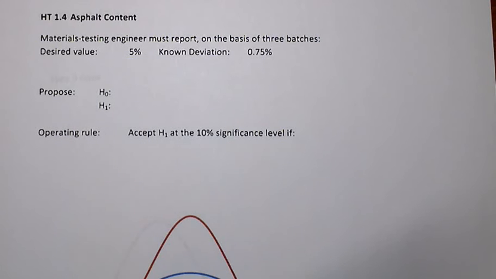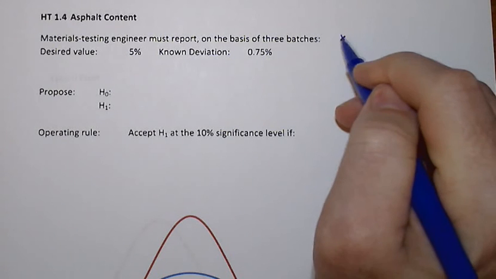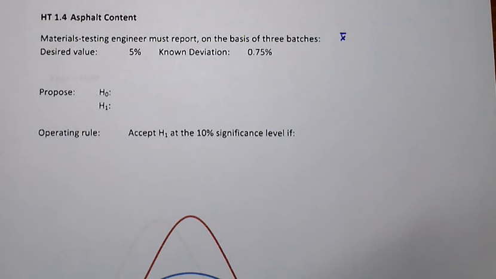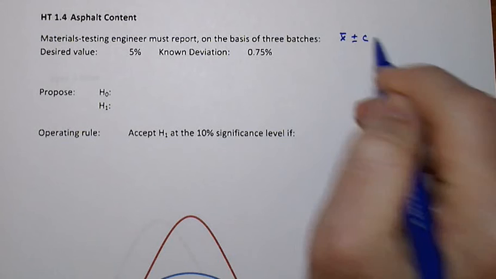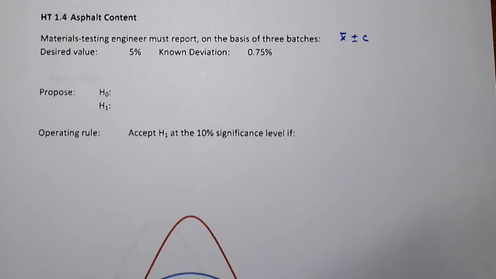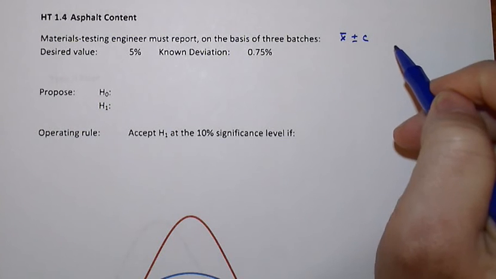So the materials testing engineer must report on the basis of these 3 batches whether or not our sample mean, the average of those that are going out, is within an appropriate distance of the true mean.